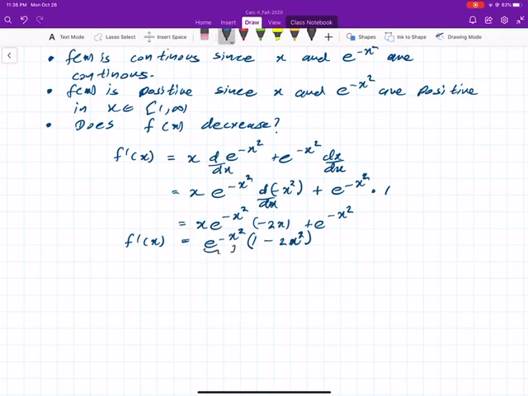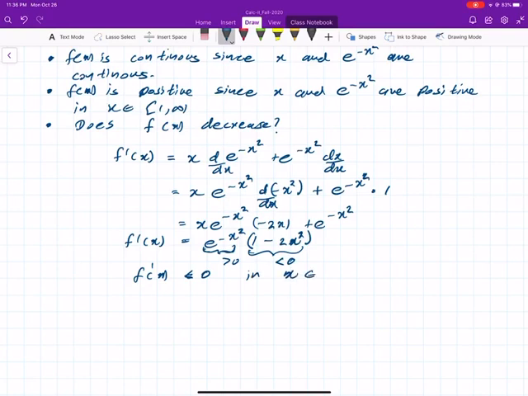Now you see this is always positive and that is always negative. The first part is always positive, then the second part is always negative. That means f prime x is negative. This function is negative in that domain.